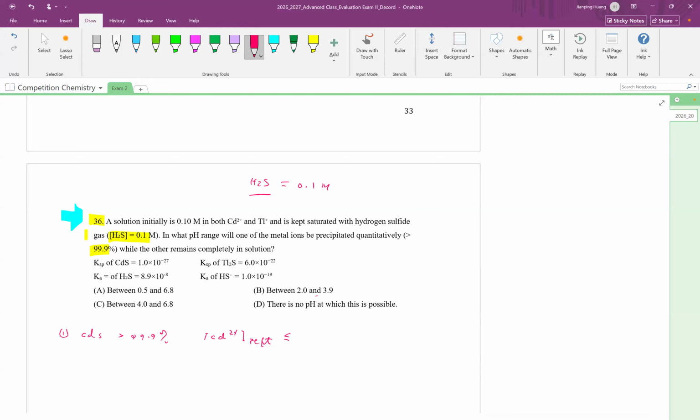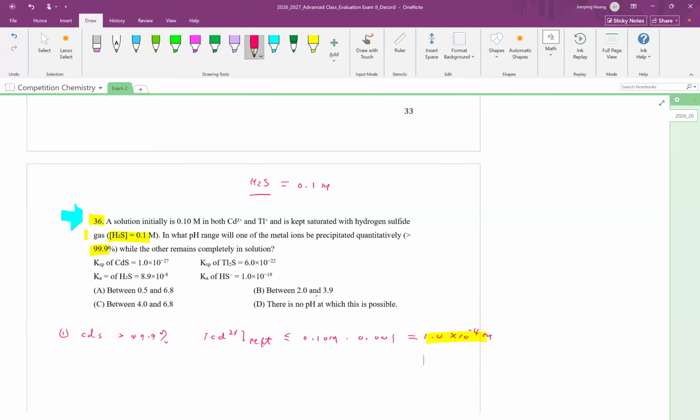Original concentration is 0.1, and what's left is 0.001 of that. Now you calculate the concentration. So you get 1.0 times 10 to the minus 4. Not more than this one in the solution. Not more than, okay? Right?